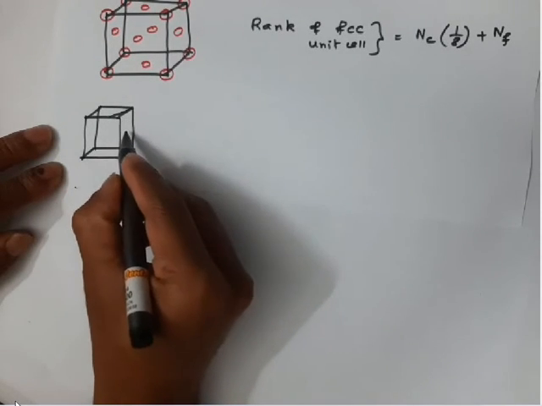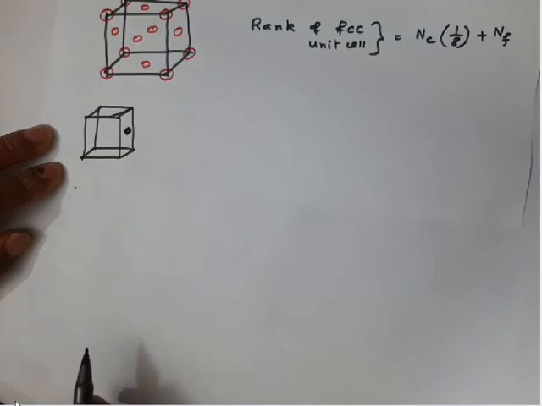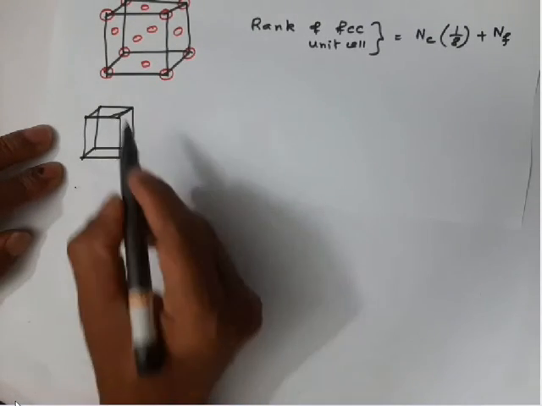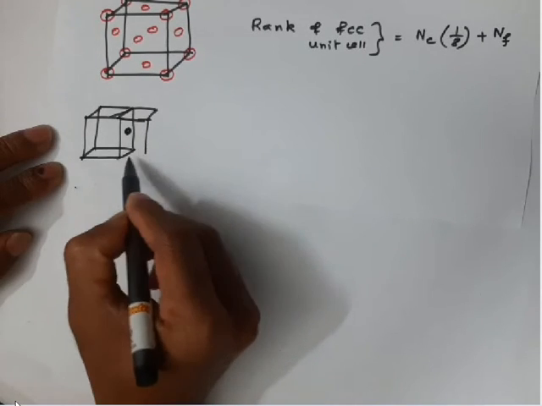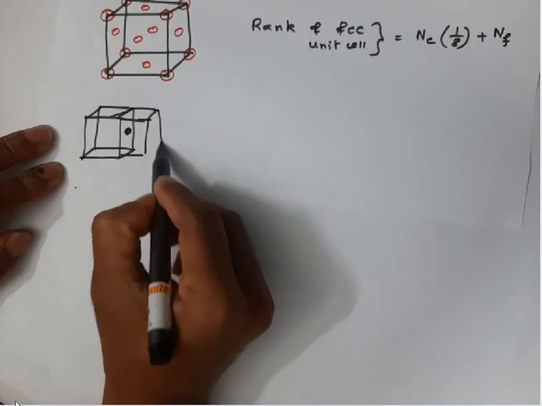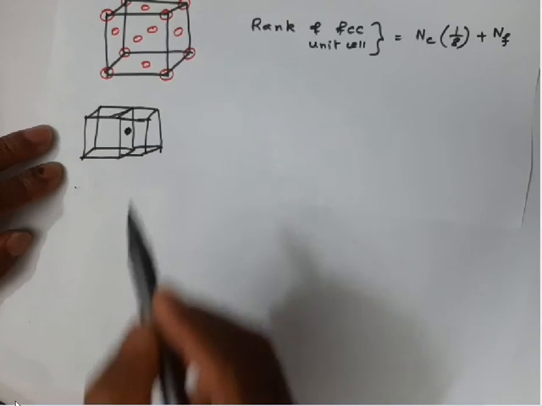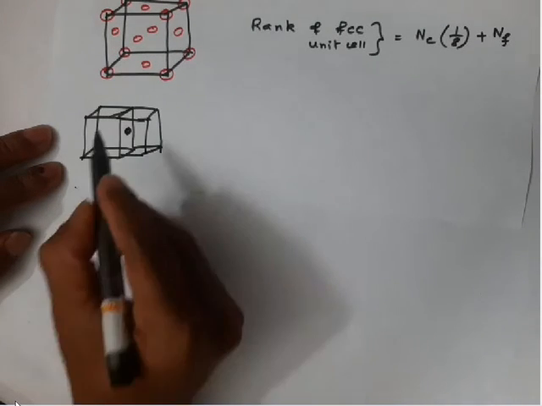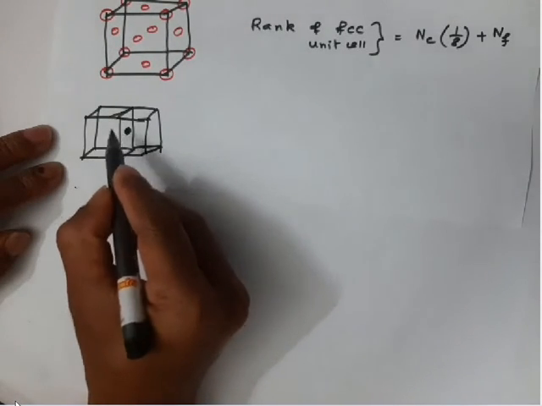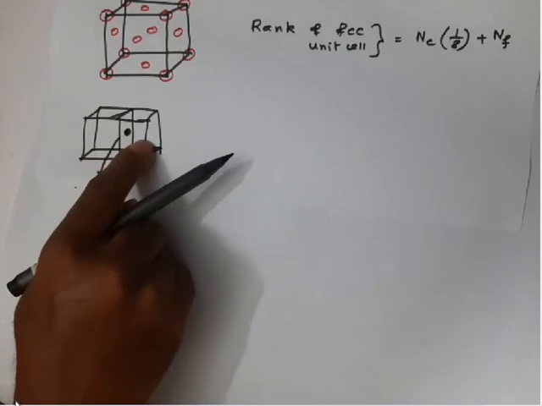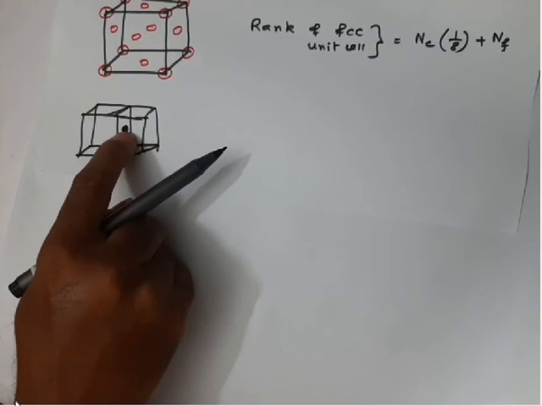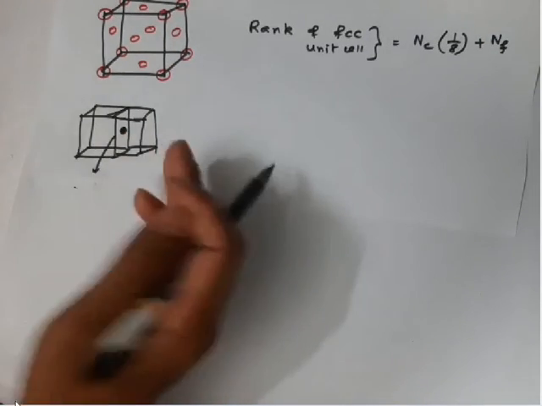Now I'll place an atom here. This atom is present at the center of this face. Now I'll extend the lattice, and I'll draw another unit cell here. Just imagine I have another unit cell. Actually this face is a face for this unit cell as well as this unit cell. Therefore, the face center atoms are shared by 2 unit cells.